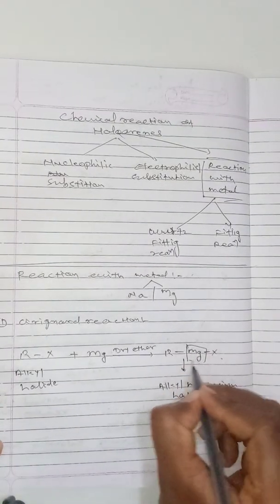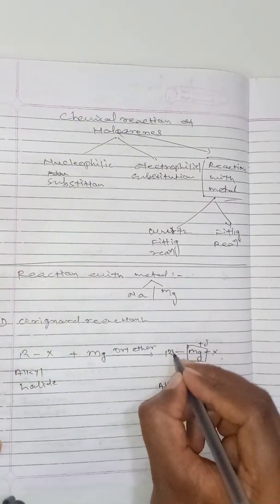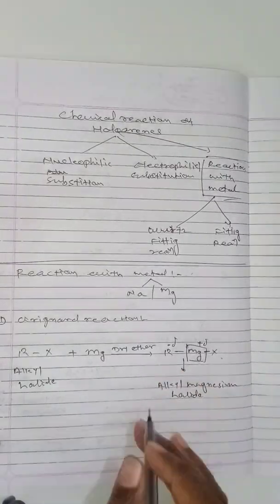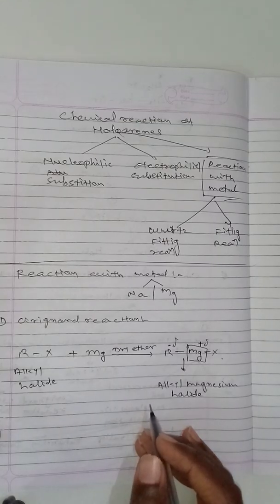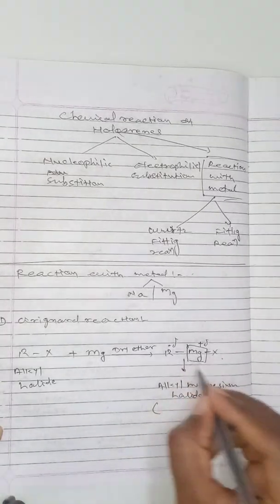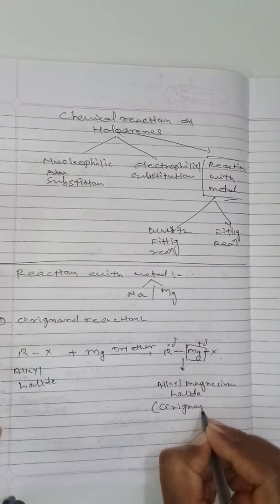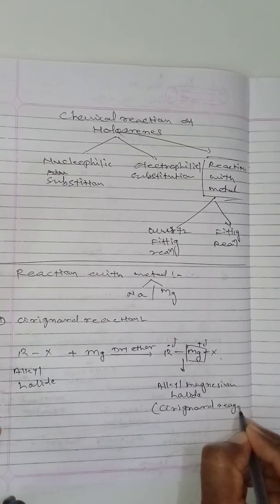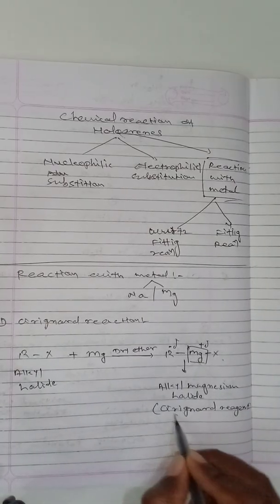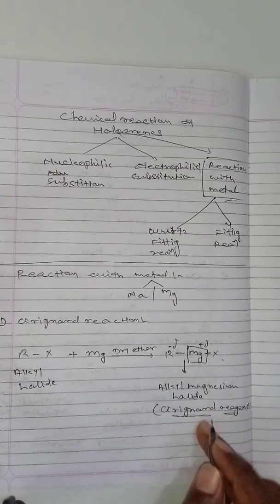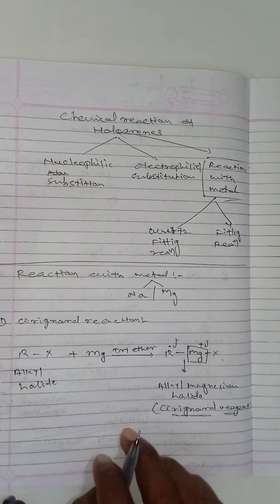So this magnesium is electropositive and this would be electronegative. So this is called alkyl magnesium halide. It is called Grignard reagent. This Grignard reagent readily decomposes, that's why it is stored in ether medium.